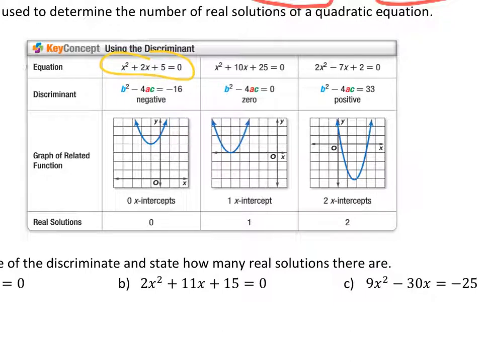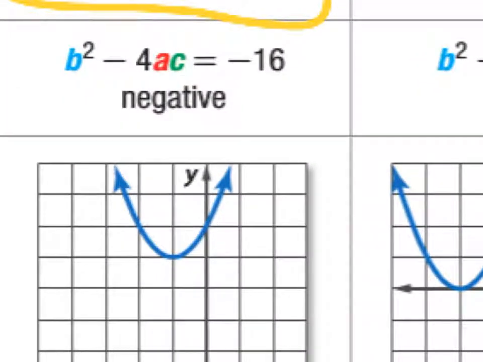I would get 4 minus 4 times a times c, 20 equals negative 16. So I'm just showing the work there. So that answer is already done for us. Just so you can see it, you would get negative 16.